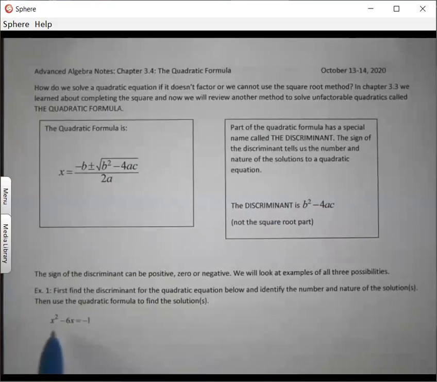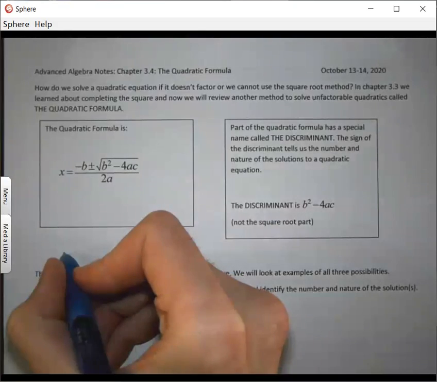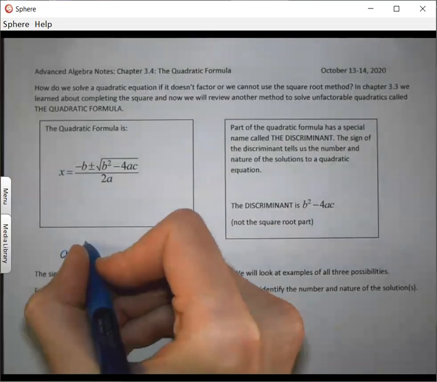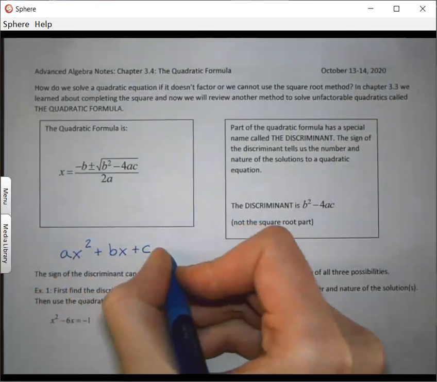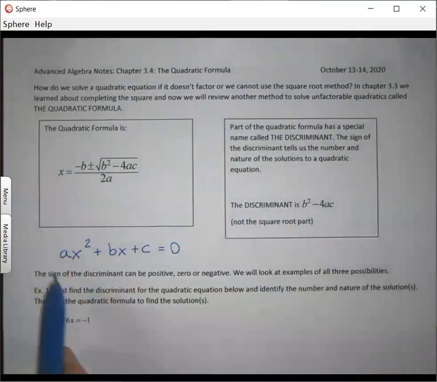Before we can use the quadratic formula, we need to make sure this is in standard form, so ax squared plus bx plus c equals 0. This way we can identify a, b, and c.